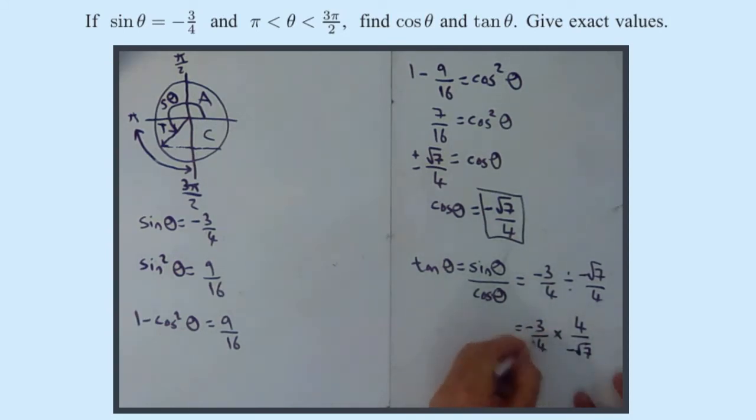The 4's cancel out, 1, 1. So you have tan theta equals 3 over root 7. You could rationalize that if you like, but generally speaking, it doesn't get you extra marks for this type of question.